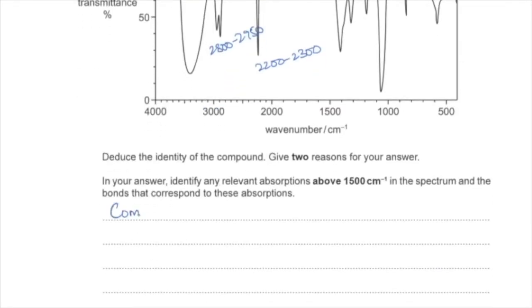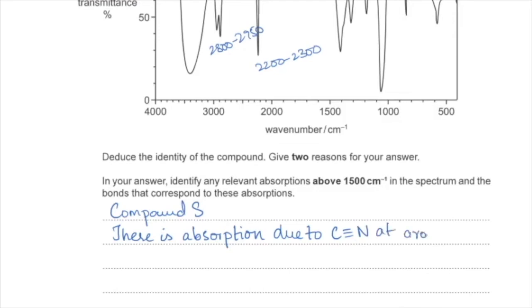So we'll write compound S. And we gotta give 2 reasons for our answer. Now, compound S because there is absorption due to nitrile group at around 2200 to 2250 per centimeter.